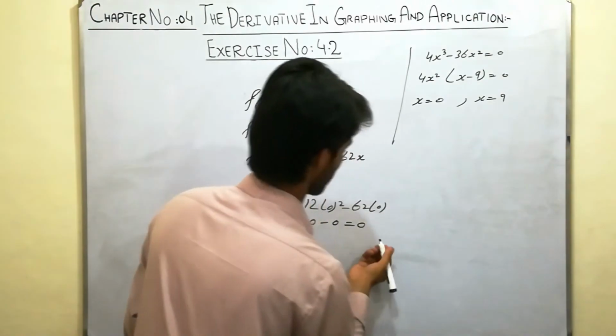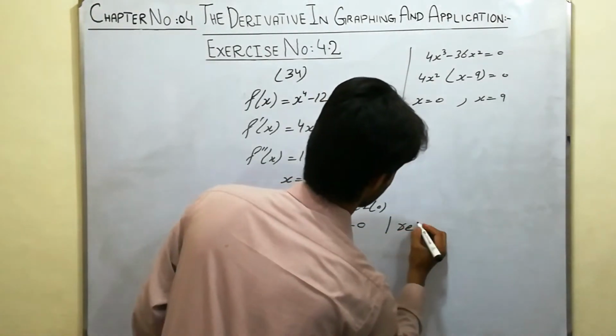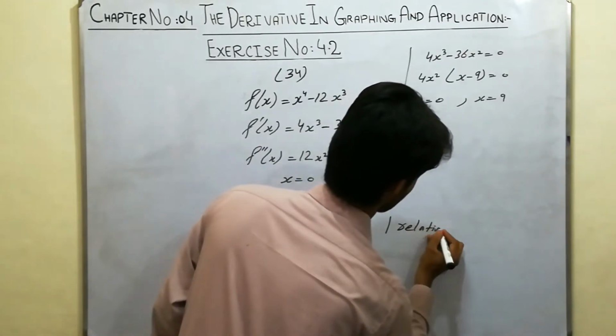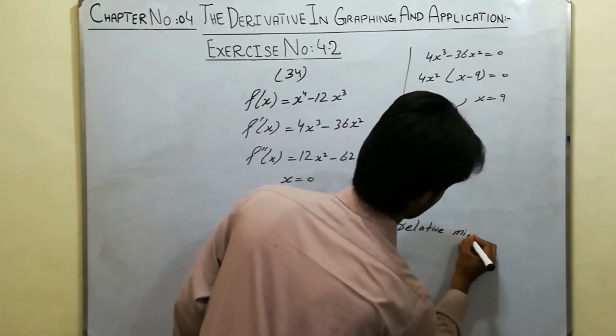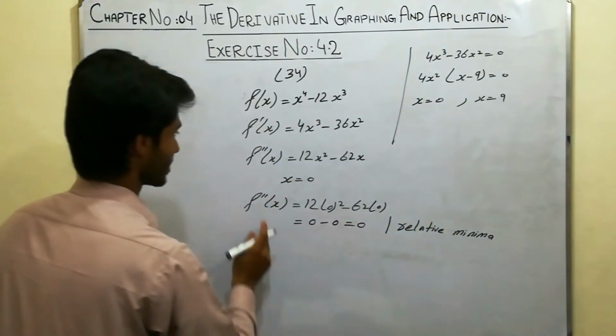Now put x is equal to 9 in the double derivative.